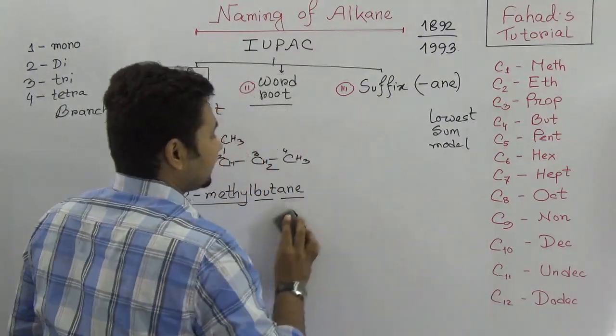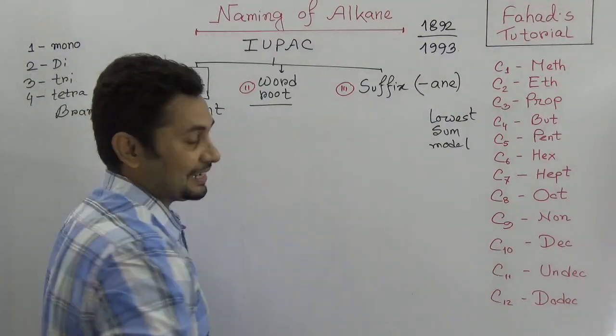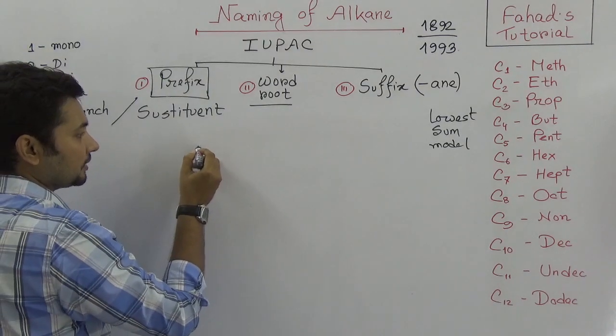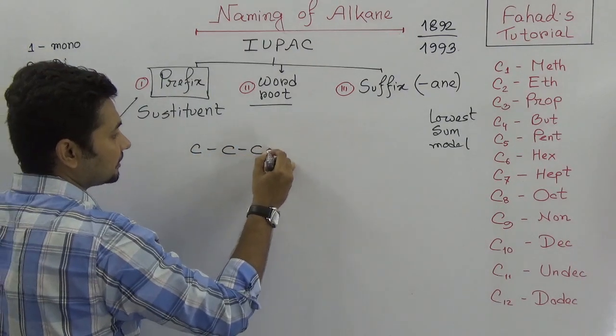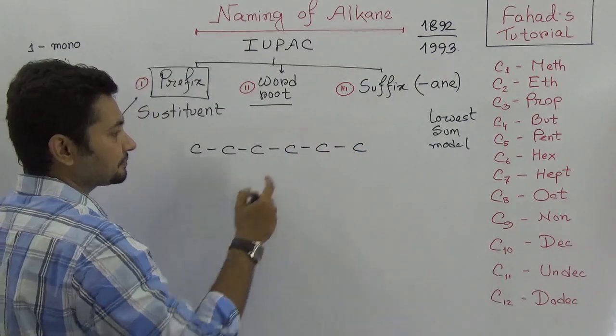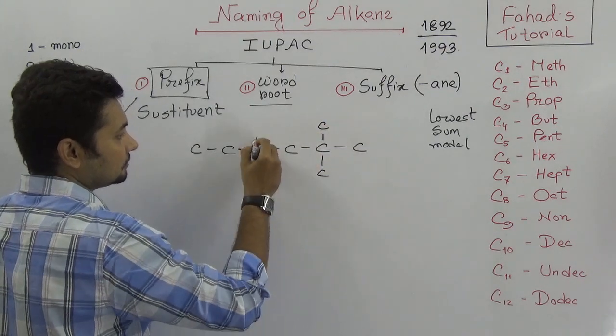Now one more thing I should mention, that is the line model. What is a line model? So usually how you express this: 1, 2, 3, 4, 5, 6. Okay. There is 2 and there is 1.